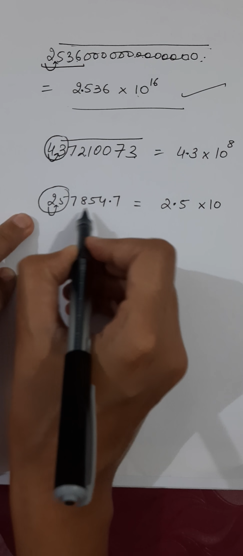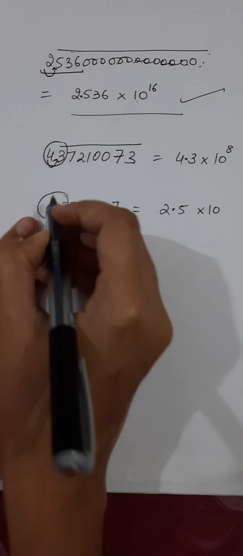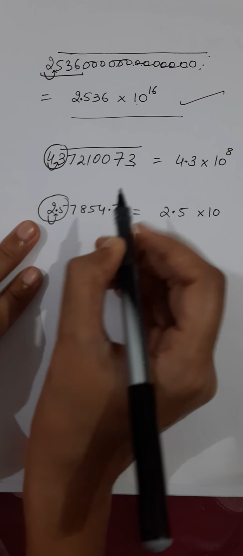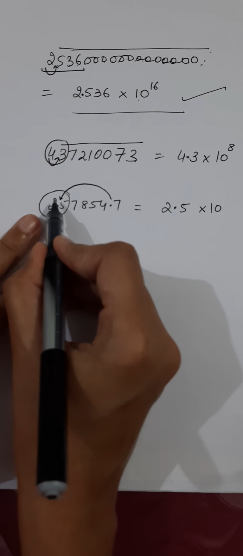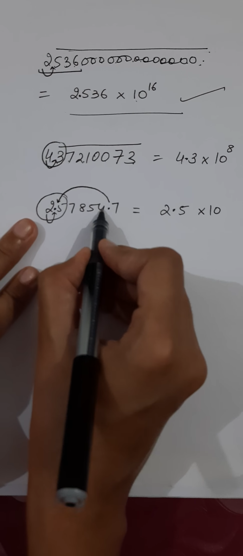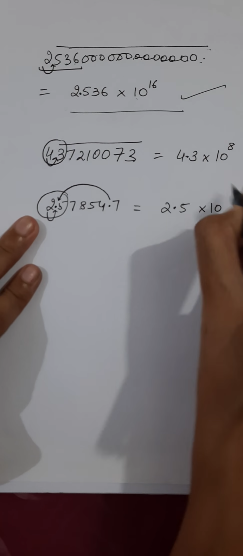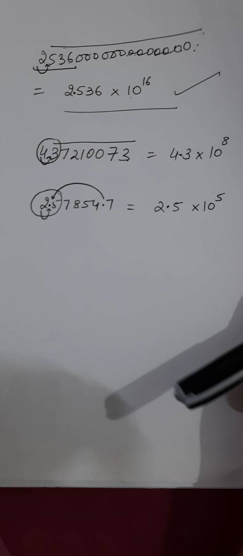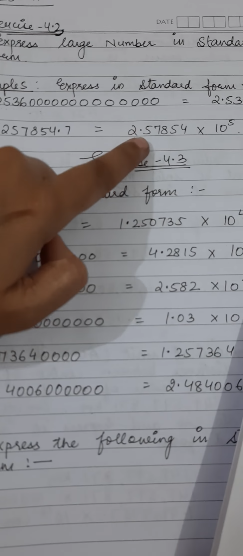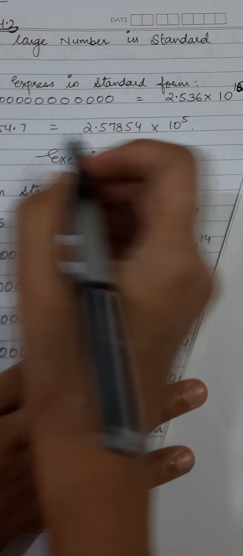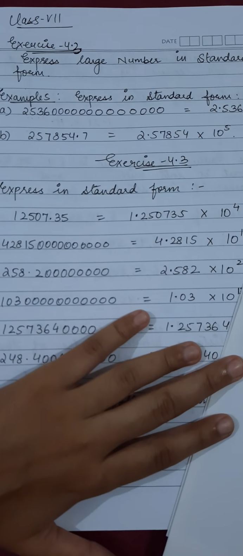Just see, the decimal was here, we shifted the decimal here. That means we shifted the decimal back, and how many places? Count the number of digits, 1 2 3 4 5. So this will become 2.5 times 10 to the power 5. This is the answer. Either you can write 2.5 or you can write the complete number. That is completely your choice.